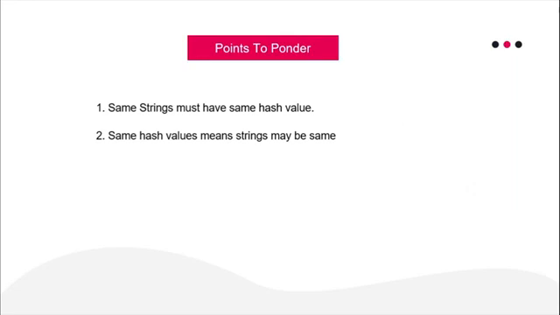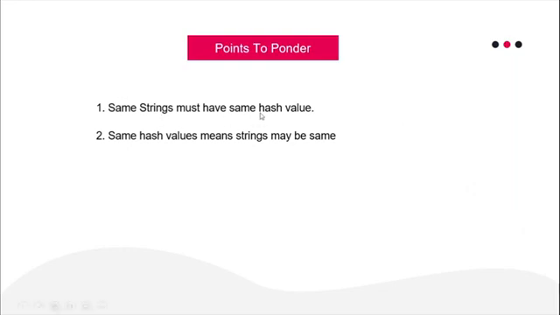The second thing is that if two strings have the same hash values, basically your hash keys, that means they may be the same. I'm emphasizing the word maybe here, because it is possible that two different strings may have the same hash.